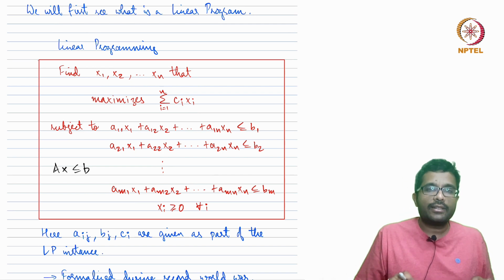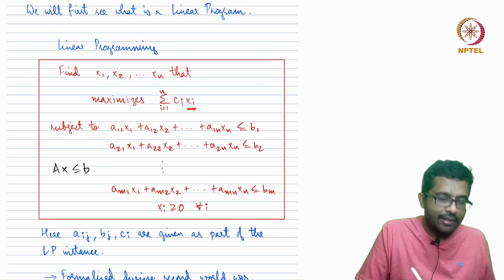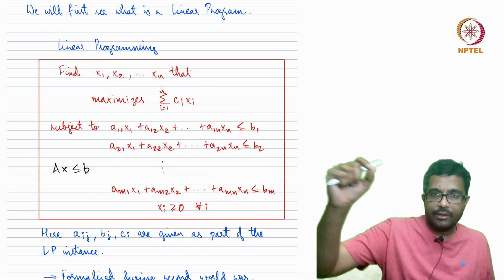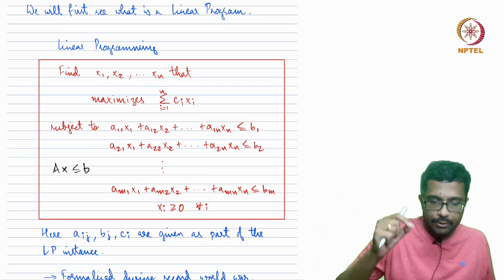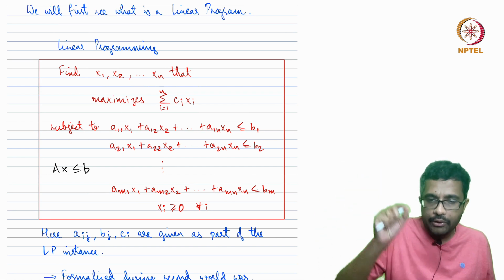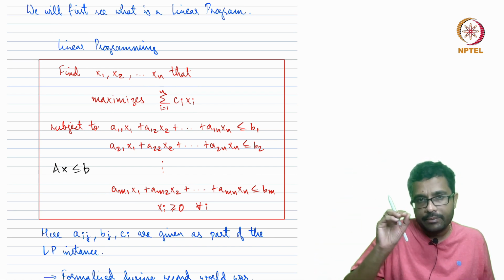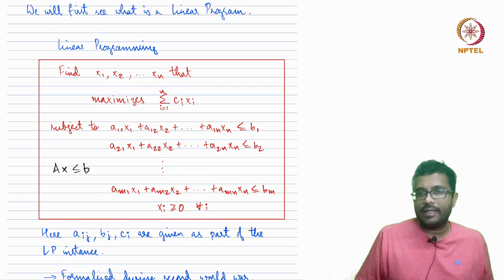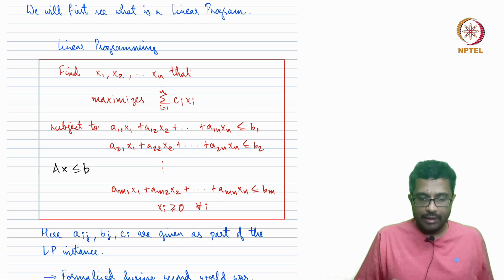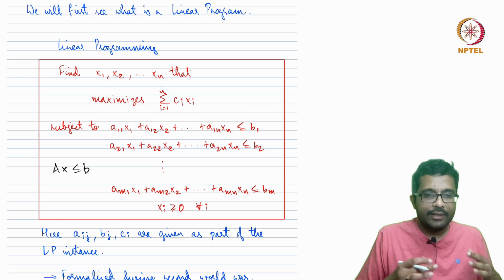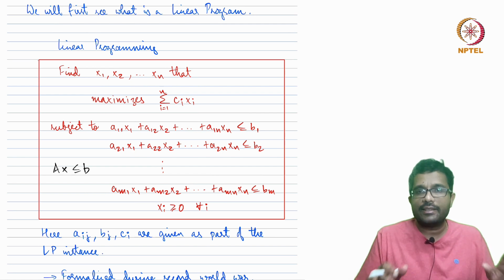However, if we have the restriction that these xi's are integers, we are no longer able to do these minor adjustments, because if x1 is 3 now, you can only move it to 4 or come down to 2. You don't have the smooth range in which you can change the xi's, right? That is what makes it hard. One may think that restricting to integers reduces the search space and makes it simpler.